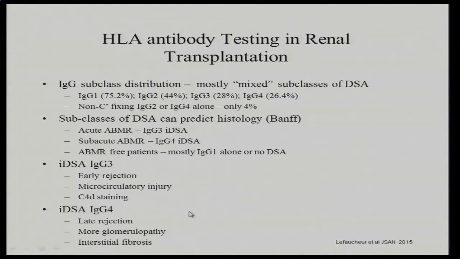And for example, the IgG3, which is the complement-fixing antibody, we do see that there is a tendency, if you get induced antibodies, early rejection, microcirculatory injury, as opposed to IgG4, which is a non-complement-fixing antibody or poorly complement-fixing, which tends to cause late rejection and associated with other more sort of subacute causes.